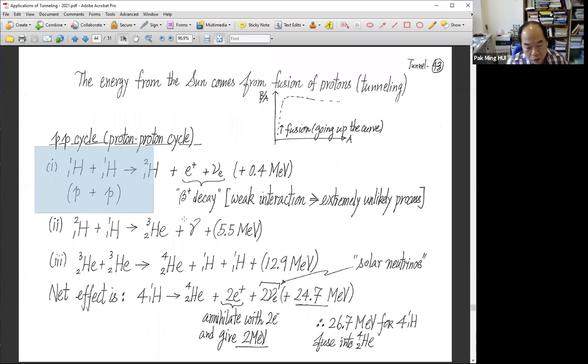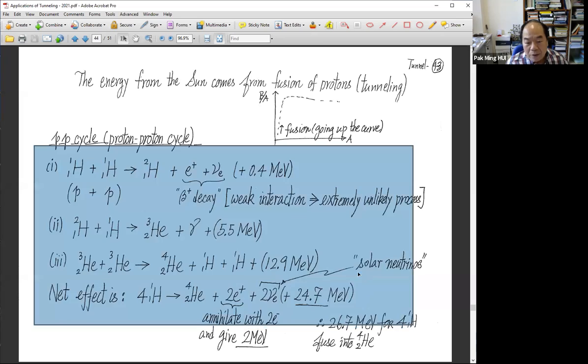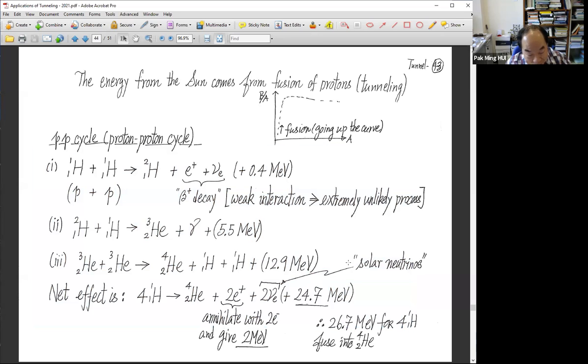Here I listed it for you. You don't need to know all the details. The net effect is that at the end, we are putting 4 protons together to form a helium nucleus. In the process, in between, of course, we pick up 2 neutrons.